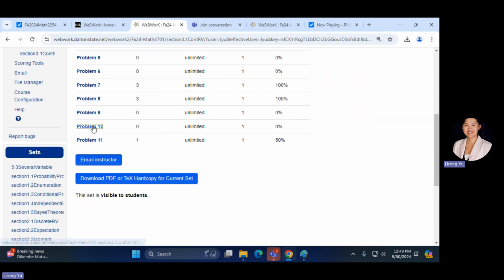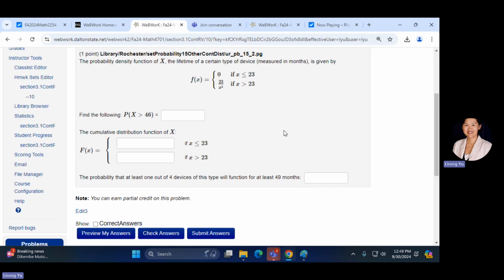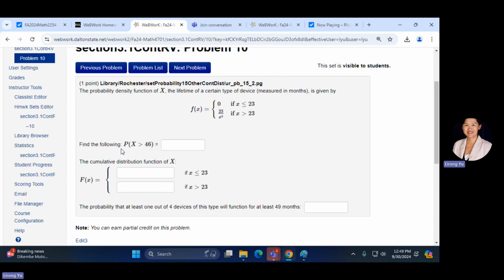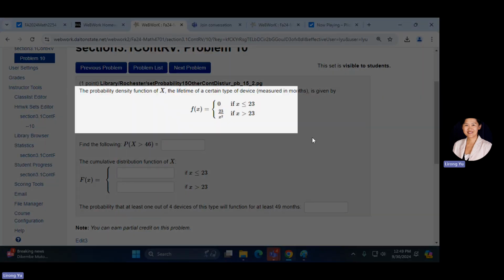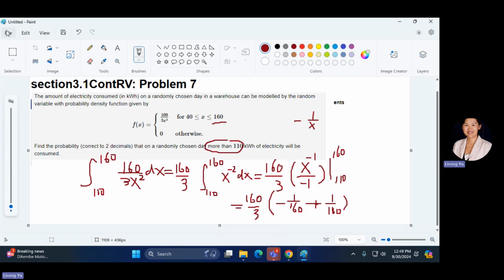For 10, the first question is to find the probability. If you have the density function, calculating probability will be an integral. So we would integrate the density function from 46 to the upper bound.